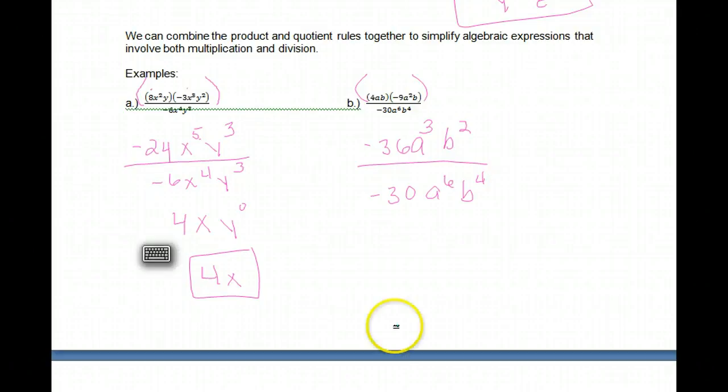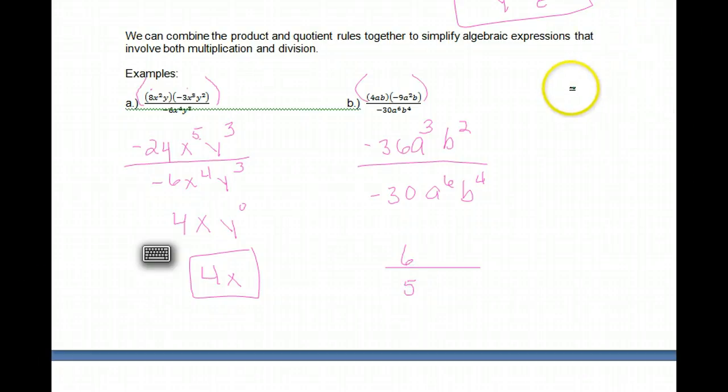Now we can simplify through division. A negative over a negative is always going to make a positive. 36 over 30 does not simplify into a whole number, but we can reduce the fraction by reducing out a 6. 36 divided by 6 is 6, and 30 divided by 6 is 5.